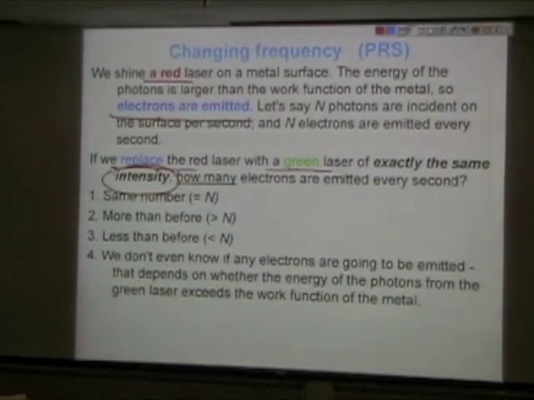So we do something else. What is happening to the number of photons? Well, each photon ejects one electron, so the number of ejected electrons is equal to the number of photons traveling per square meter every second. So, what do you think now?